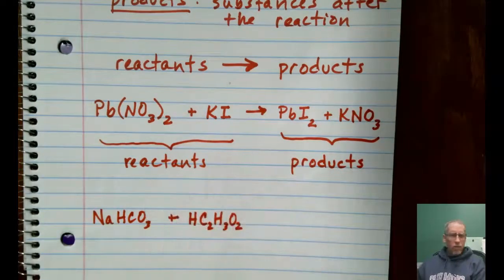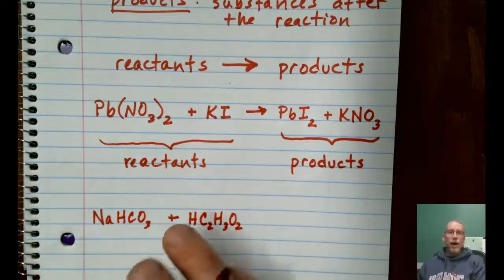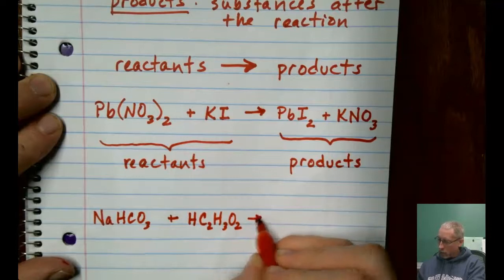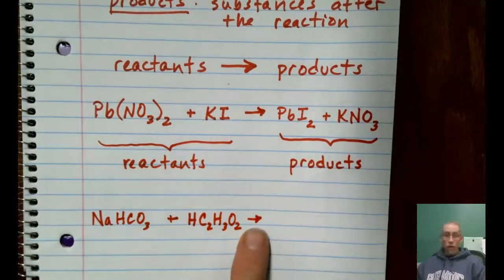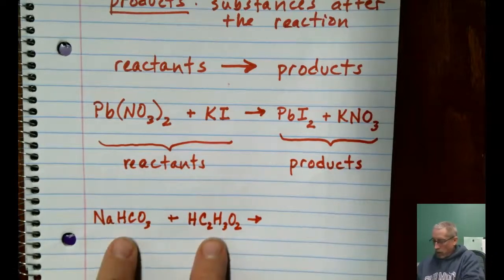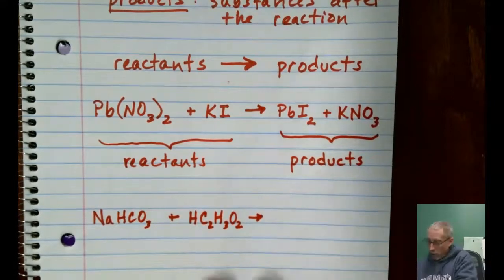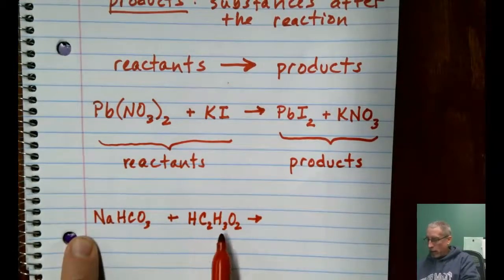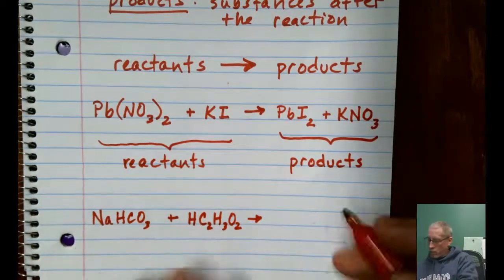You might be thinking, well, why are we writing it that way? Well, let's not get into the details. As long as we recognize reactants and products and can write the equation, I'm good. Here's our arrow. That indicates that now the reaction's happening. So we start with these two reactants, and what do we end up with? We end up with things just kind of changing positions. So instead of the hydrogen with the acetate, we have the sodium with the acetate.